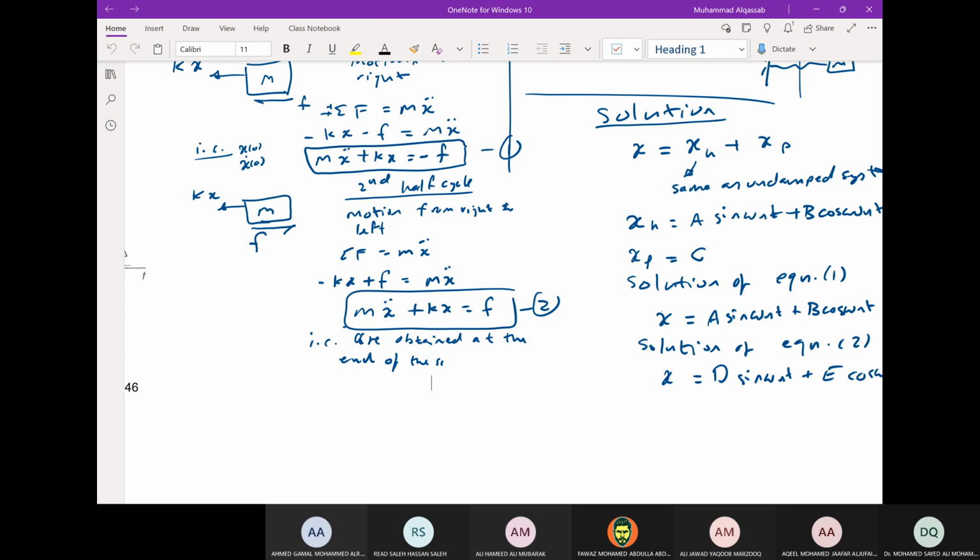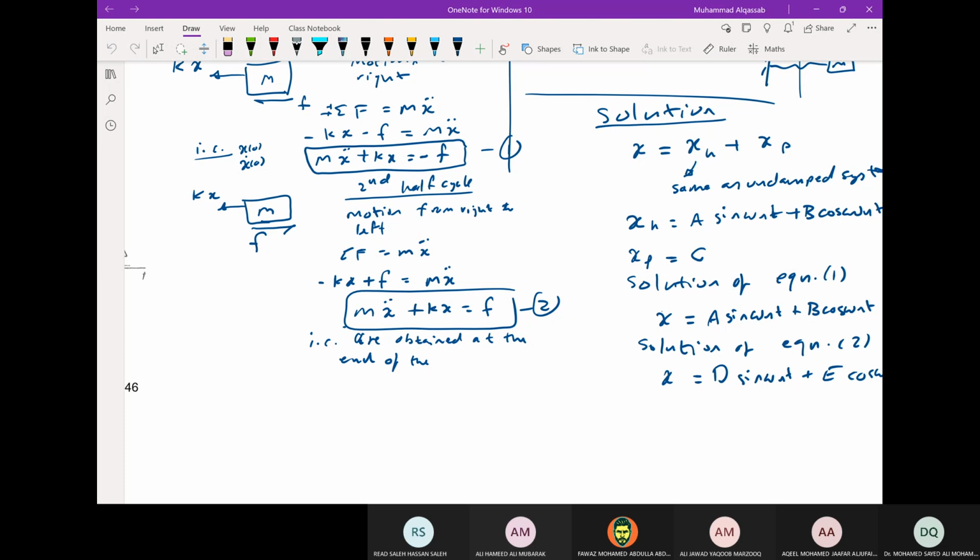For the second half cycle, the second equation, the initial conditions will be obtained from the end of the first half cycle, from the solution of the first half cycle.